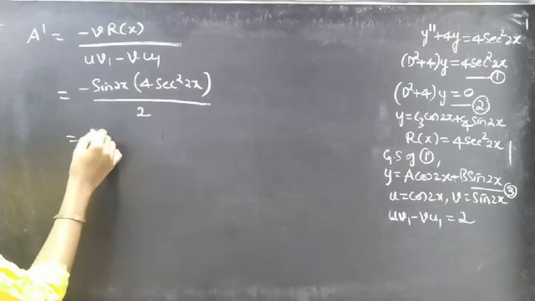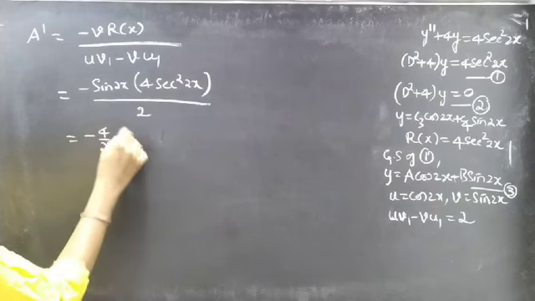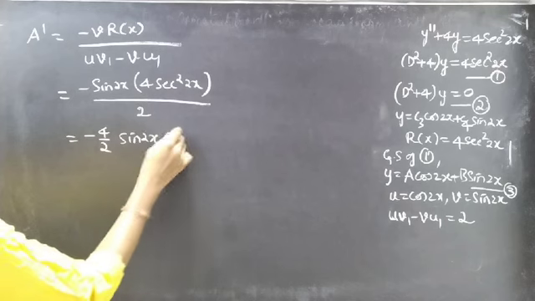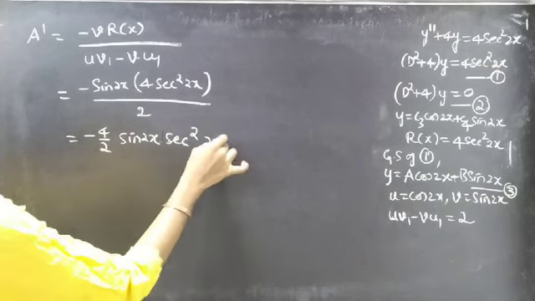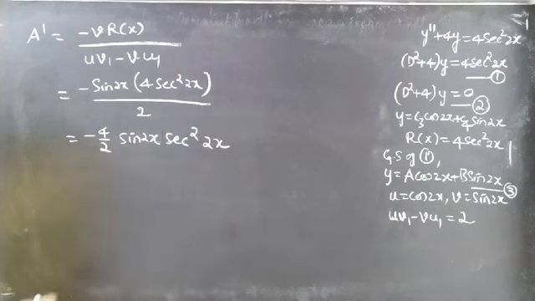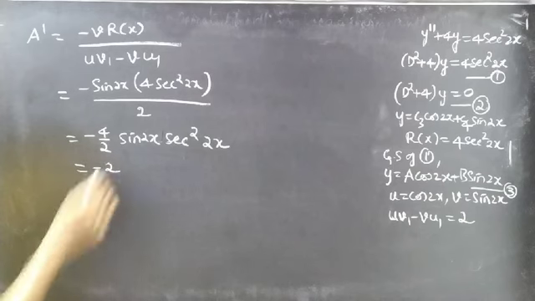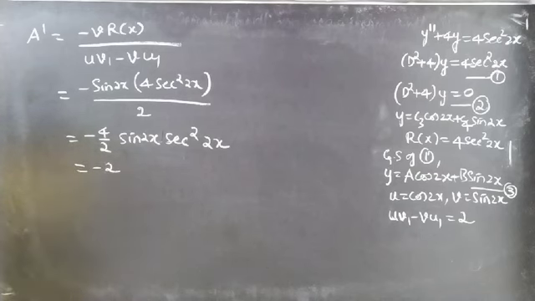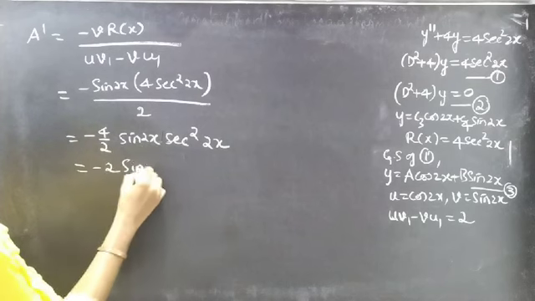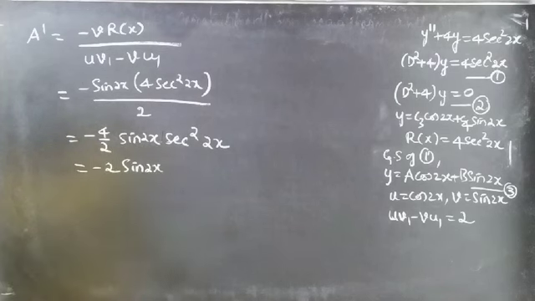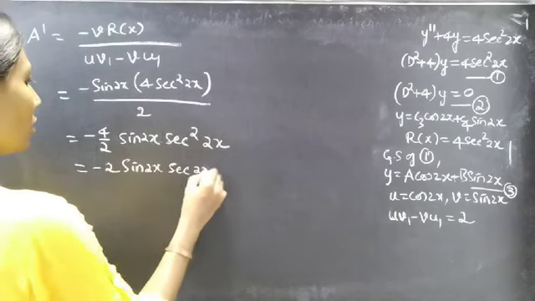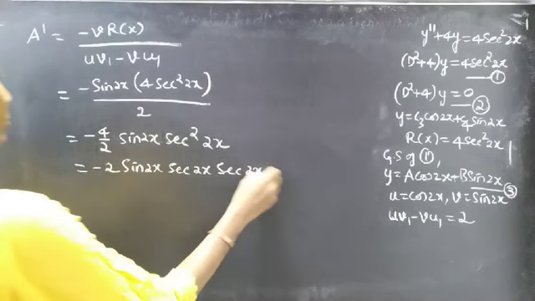This equals minus 4 by 2 into sin 2x into secant square 2x, which equals minus 2 sin 2x into, we can write secant square 2x as secant 2x into secant 2x.